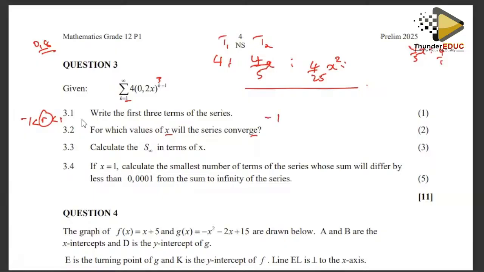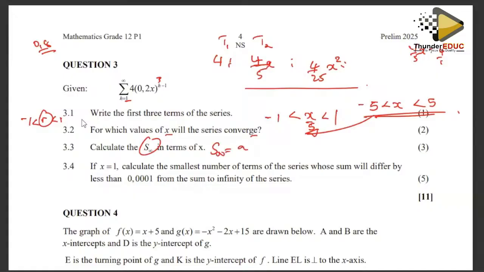So I'll say negative 1 is less than x over 5 is less than 1. Multiply through by 5. So x must be between negative 5 and positive 5. So that is 3.2.